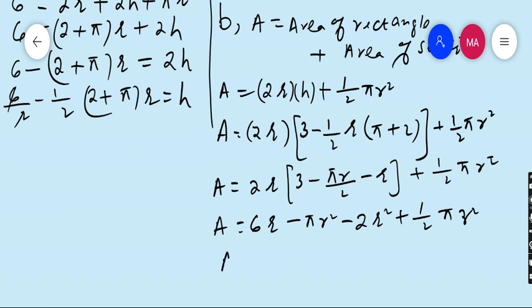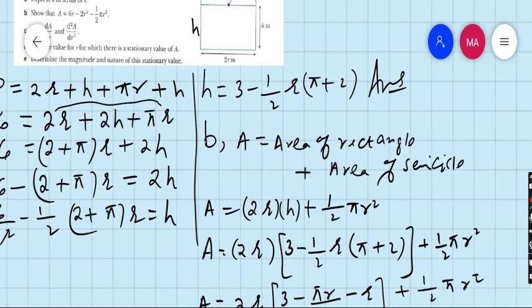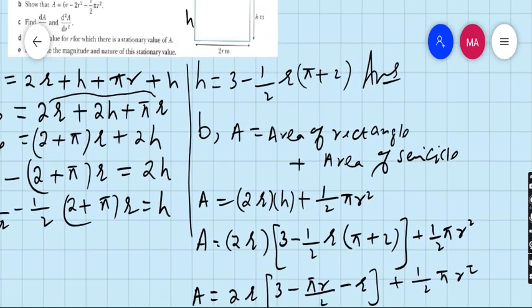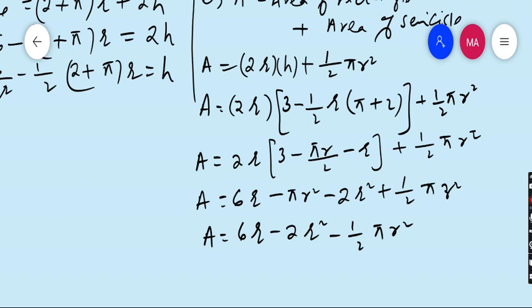So A is equal to 6r minus 2r square minus pi r square plus half pi r square, which is minus 1 upon 2 pi r square, because we take the sign of the bigger number. Is this the requirement? 6r minus 2r square minus 1 upon 2 pi r square. 100% correct.